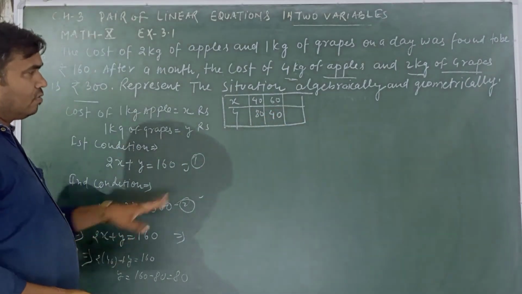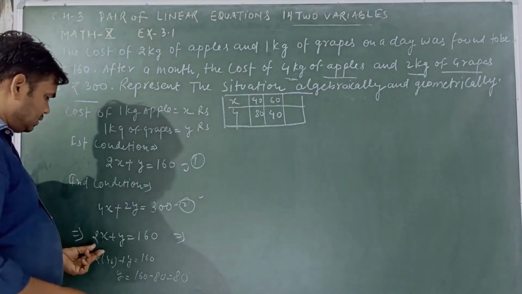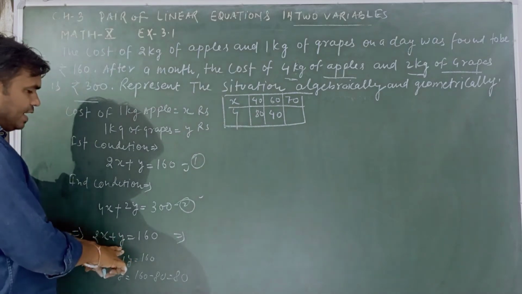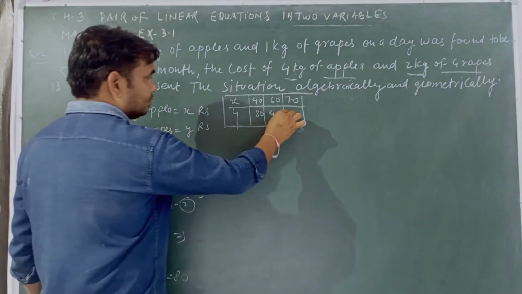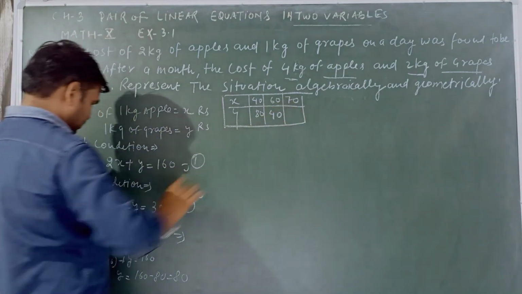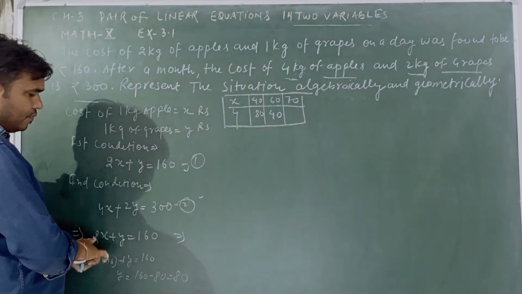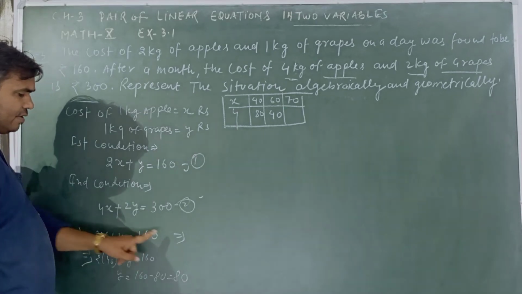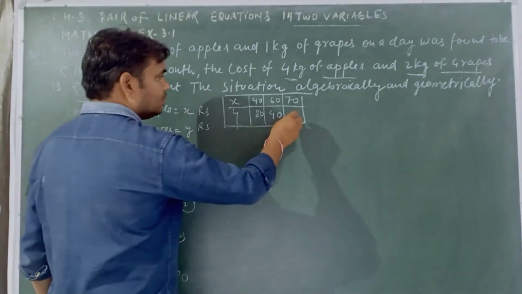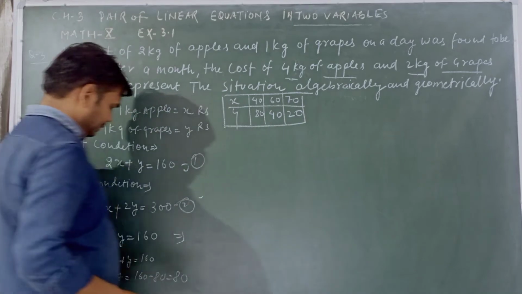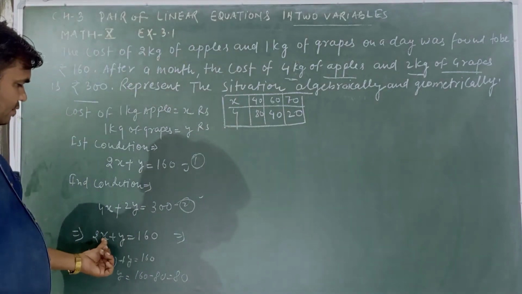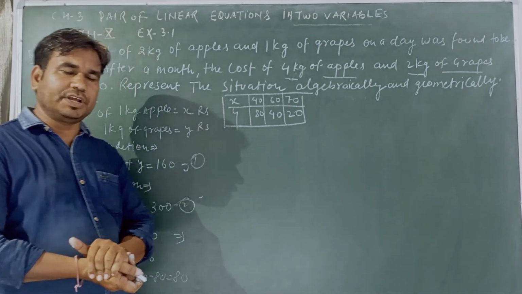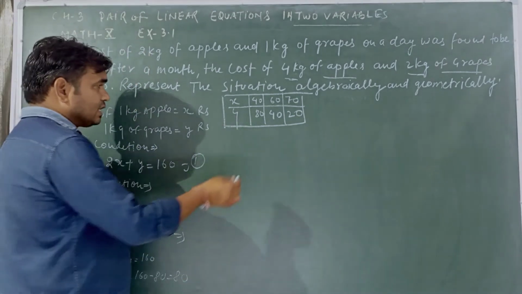Now we put x equal to 70, so 2x is 140, and we get y equal to 20. Okay students, so this is the first situation we got here. Now we talk about the second condition.